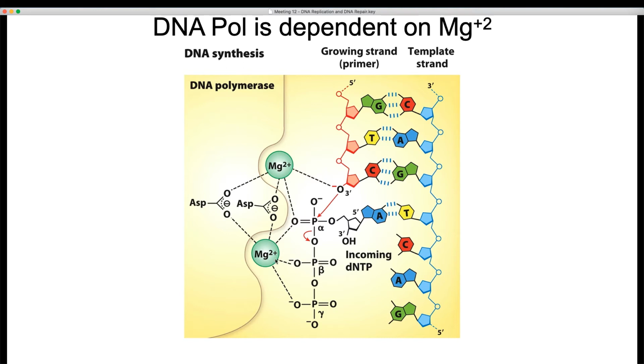So these positive charges interact with the negative charges on that incoming dNTP, such that the proper phosphate that's going to be attacked by the 3' hydroxyl group of the end of that growing strand is in just the right place.